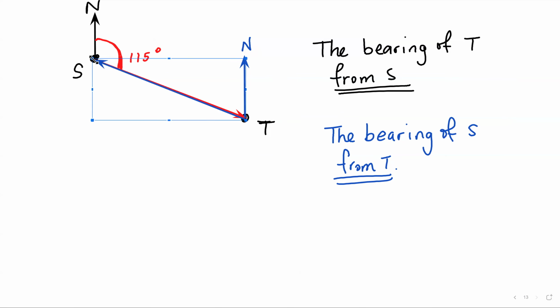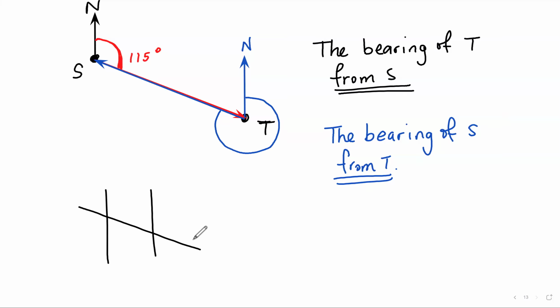So the bearing of S from T is this angle on the outside. To find this angle, I will use the principle of parallel lines. If you have two parallel lines and a transversal, these two angles, if this is X and this is Y, X plus Y is equal to 180 degrees.